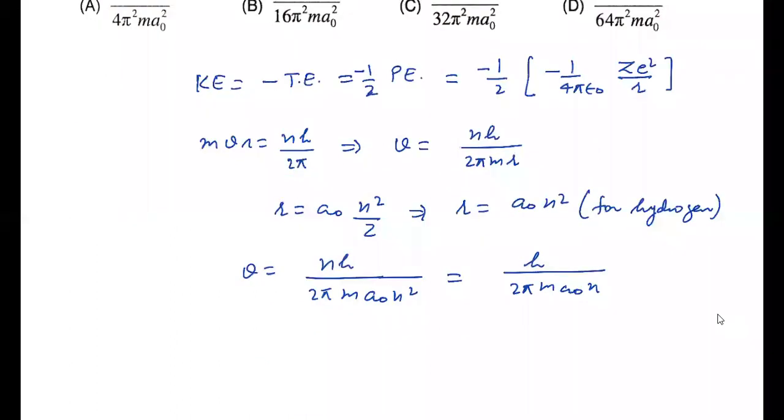Now put the value of n as 2, because the second orbit is asked. So velocity will be h upon 4 pi m a naught.